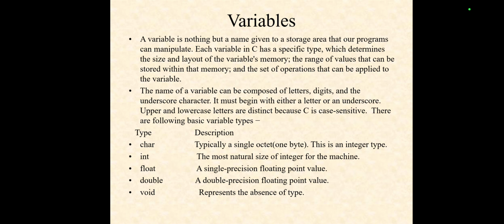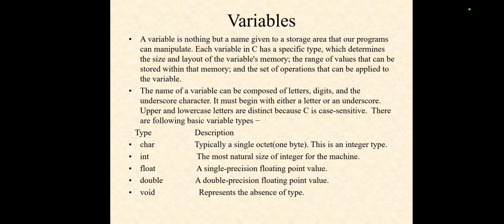Now we have to start the next topic, which is the variable. A variable is nothing but a name given to a storage area that our programs can manipulate. Each variable in C has a specific type which determines the size and layout of the variable's memory, the range of values that can be stored within that memory, and the set of operations that can be applied to the variable.